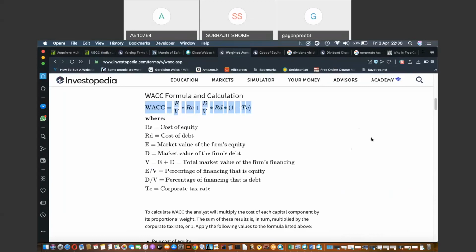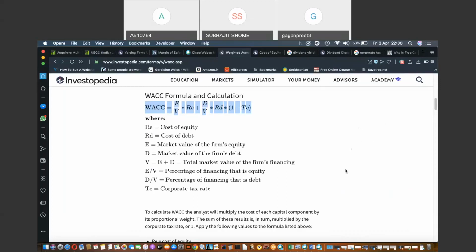So WACC minus growth rate is whatever is the denominator you get. That is your denominator, and numerator. So whatever is the total intrinsic value, remember that is intrinsic value.